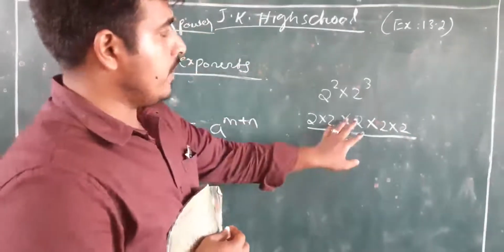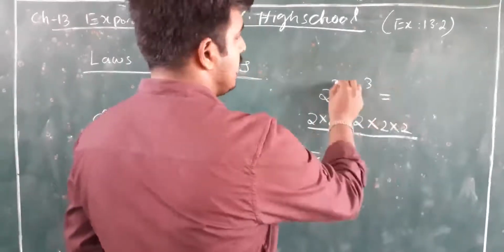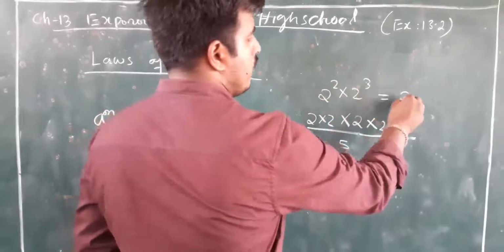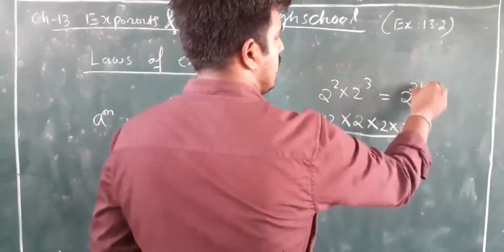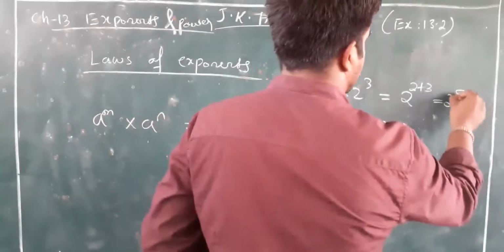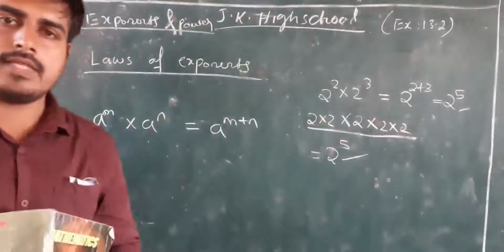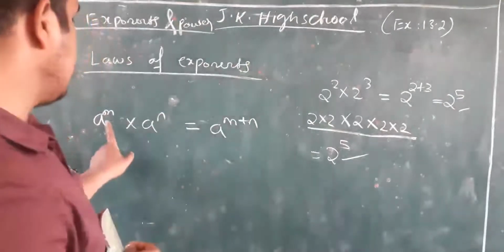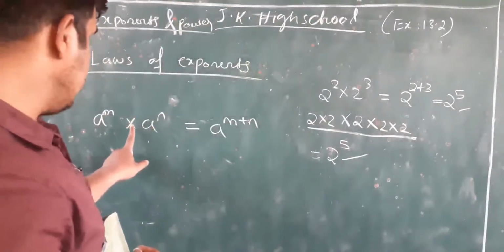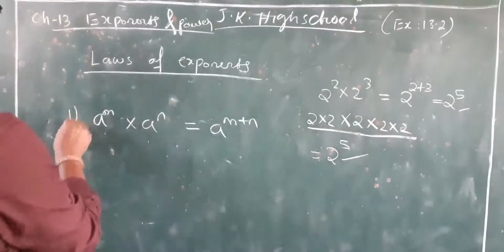Instead of doing this every time, I can directly use this law: a raised to m into a raised to n is equal to a raised to m plus n. That is 2 plus 3, equal to 2 raised to 5. Both are the same. But the condition is that the bases must be the same and there must be multiplication in between.